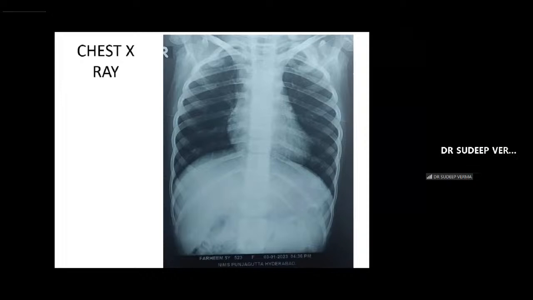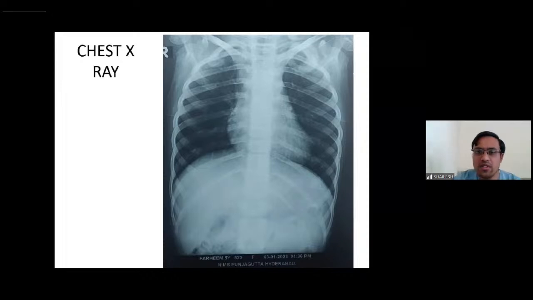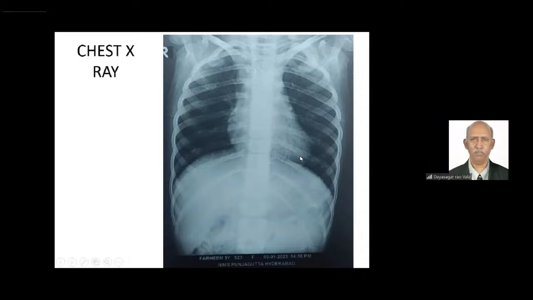Sir, levocardia, dextrocardia, we mainly describe based on the long axis, pointing from the base of the heart to the apex, sir. What is the direction of the axis? The simplest thing is, major cardiac muscle mass in the left hemithorax is levocardia. Major cardiac mass in the right hemithorax is dextrocardia.